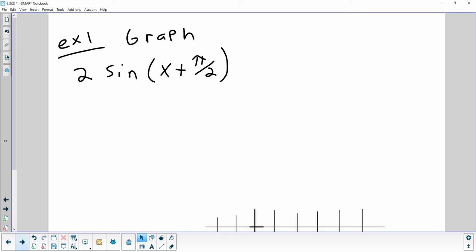Okay, so let's take a look at this, and let's first identify how many transformations are happening. Yep, there are 2. What's the pi over 2? What kind of transformation is that?